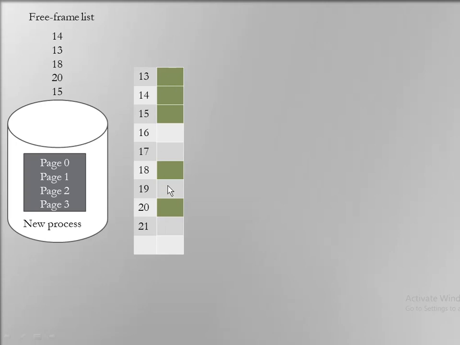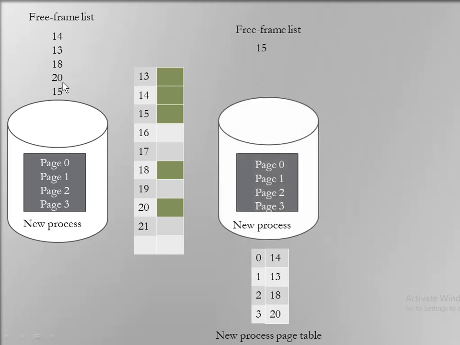So by using this, after storing, page 0 will be stored in the 14, page 1 will be stored in the 13, page 2 will be stored in the 18th frame, and page 3 will be stored in the 20th frame. After this, you will construct the page table. This is your new page table, and you can identify the available list.